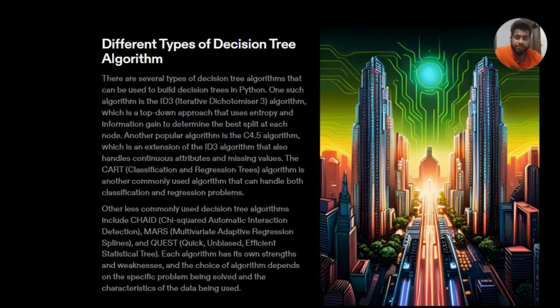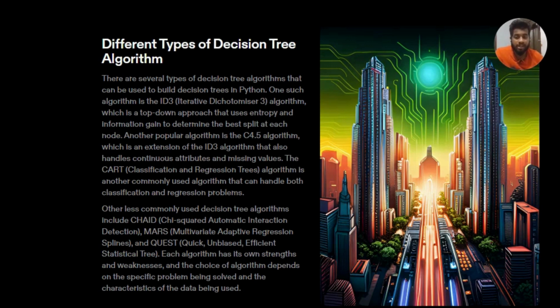There are different decision tree algorithms that can be used to build decision trees in Python. One such algorithm is the ID3 (Iterative Dichotomiser 3) algorithm, which is a top-down approach that uses entropy and information gain to determine the best split at each node.